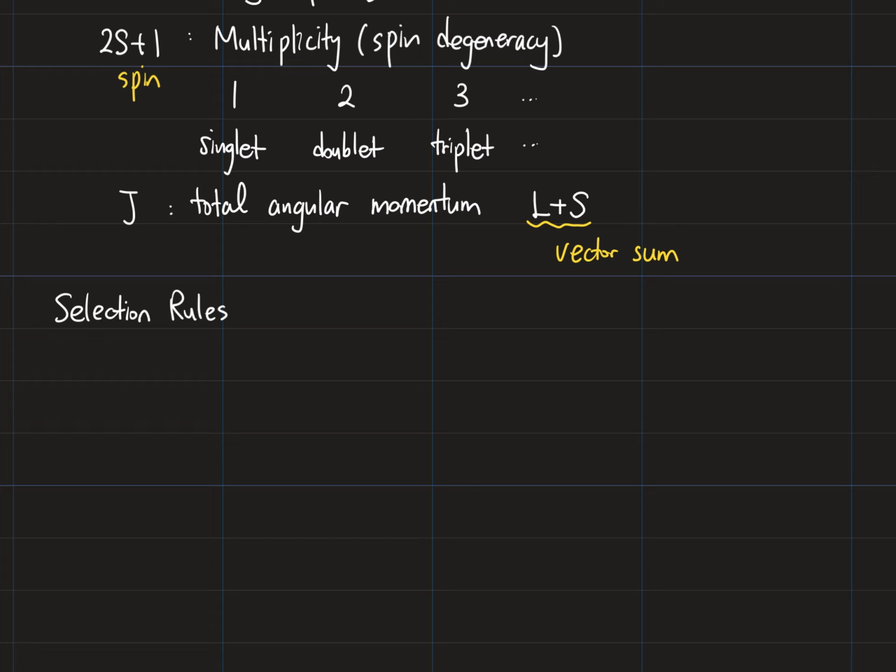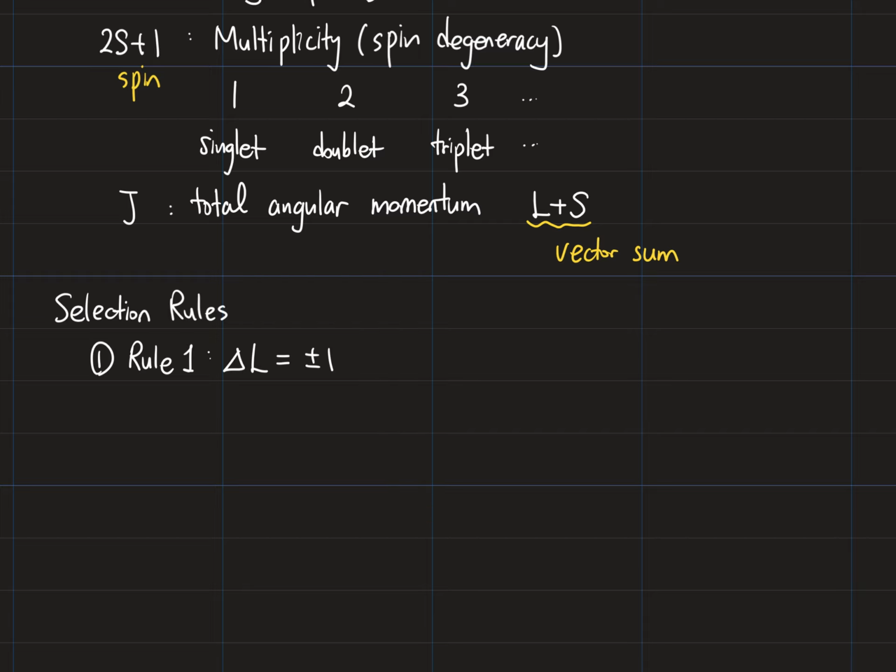The answer is absolutely no. It must follow specific selection rules. The first rule is that the change of the orbital angular momentum should be plus or minus 1. So the orbital angular momentum must change by exactly 1 unit.